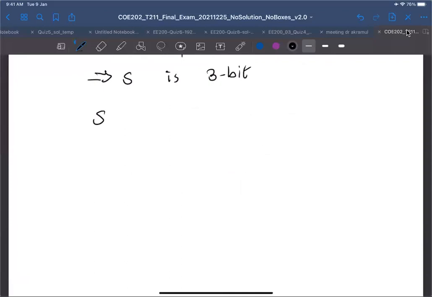So S is going to be X1, X1, X0, the sign extension of X by 1 bit, minus Y1, Y1, Y0, the sign extension of Y. And we know that you can change this subtraction to addition using 2's complement, by complementing this and adding a 1.